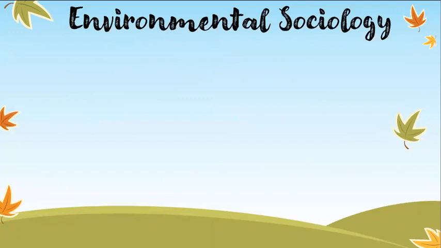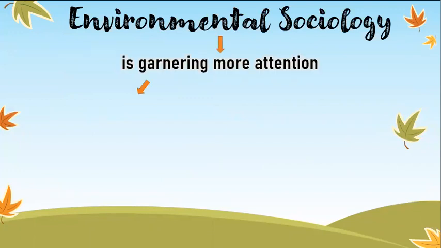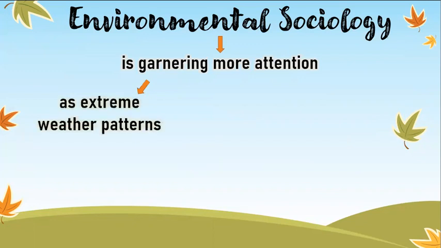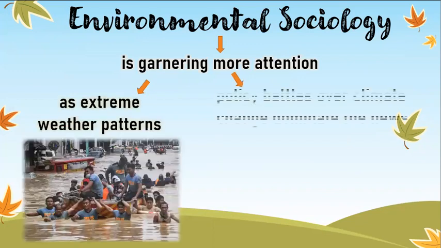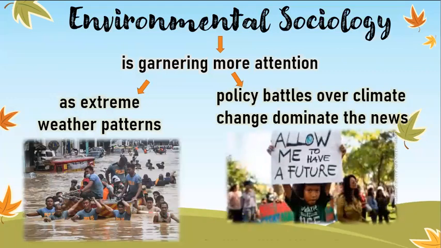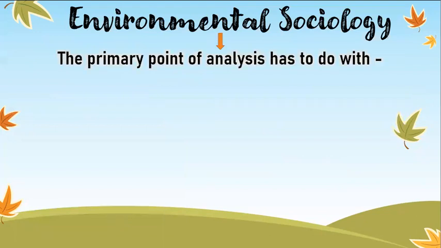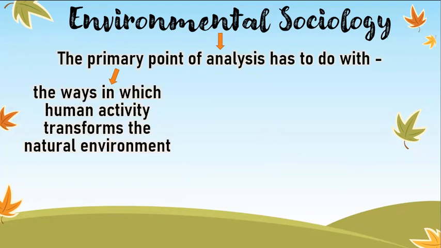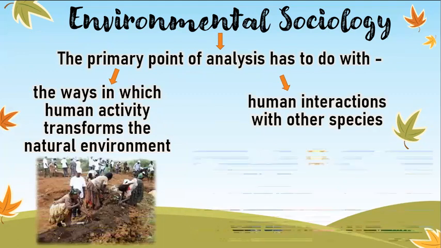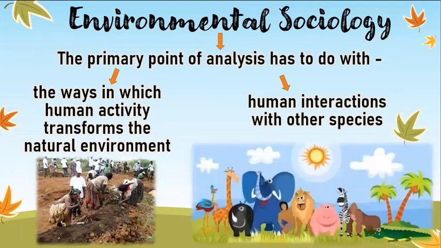This area is garnering more attention as extreme weather patterns and policy battles over climate change dominate the news. The primary point of analysis has to do with the ways in which human activity transforms the natural environment and human interactions with other species.